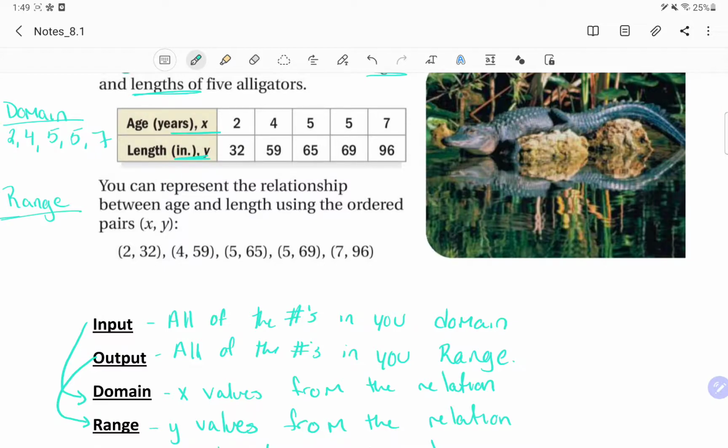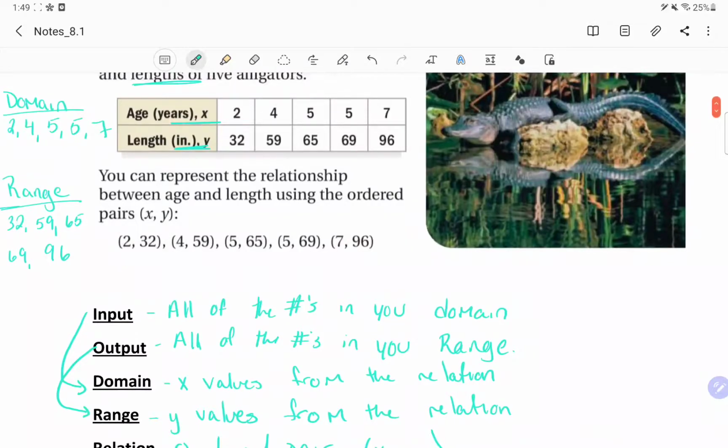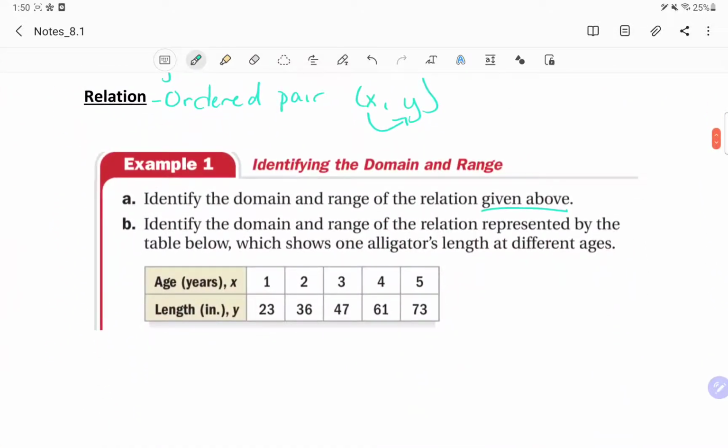For the range, that's our y values from the relation. So 32, 59, 65, 69, and 96. Here's your domain, there's your range. All done. That's it. I want you guys to look at 1b, pause me, and then check back in and see if you got it right.